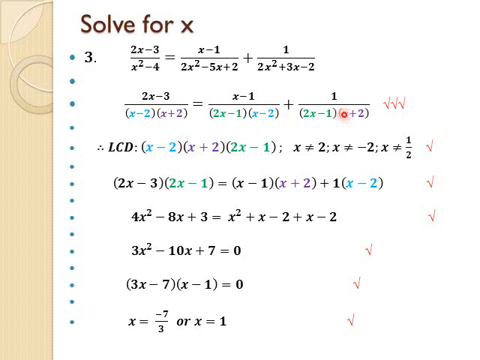Remember, to add and subtract fractions, denominators must be the same. They have 2x minus 1, x minus 2, so I'm short x plus 2, so that becomes x minus 1 times x plus 2.